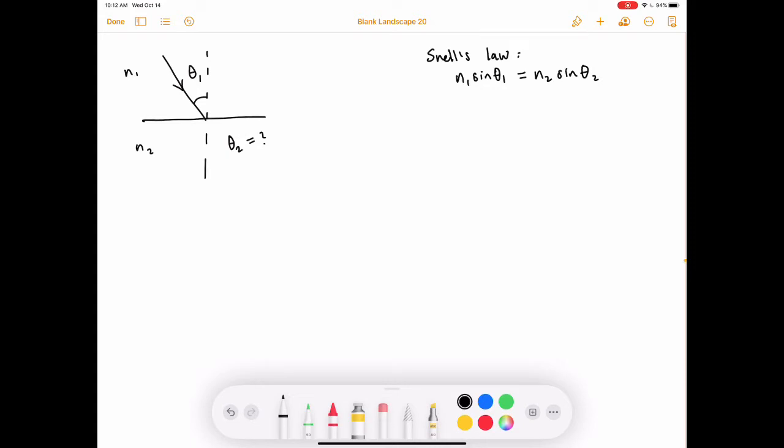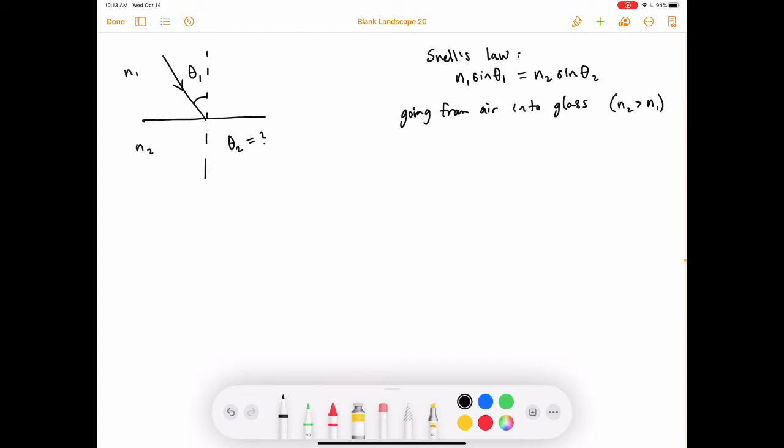So what can we say about theta 2 in different scenarios? Well, let's say we're going from air into glass. Okay, so the air, which would be N1, has an index of refraction that's smaller than glass, which is N2. So in other words, we have N2 greater than N1.